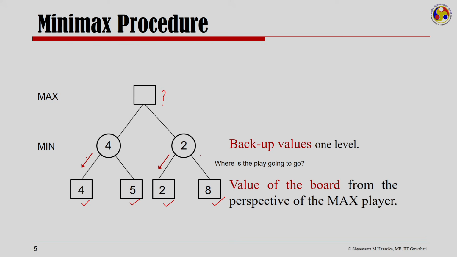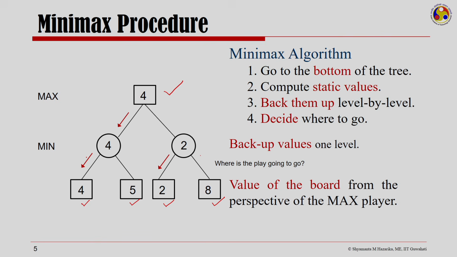Having got these backed up values, it becomes easier at this level where Max is to realize where to go, because Max's idea is to maximize the total. So, he goes towards the left and takes up 4, and therefore, we have a 4 at the root node. Now, a couple of things to observe in this small game tree and the way these values have been backed up is in order.